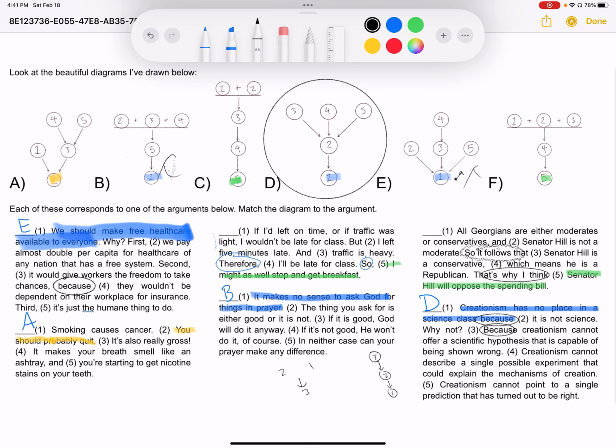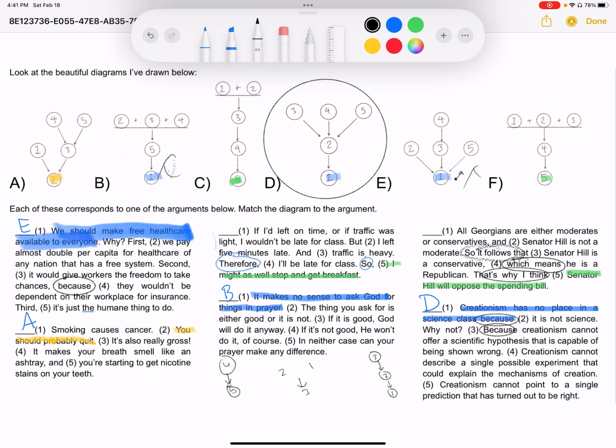Same with 5. 5, it says that's why I think, make that a little cleaner. 5 is that's why I think Senator Hill will oppose the spending bill. Why? Because of 4. Oh, and look, we also have which means that, which is another indicator word. 4 is going to be justified in turn by 3.